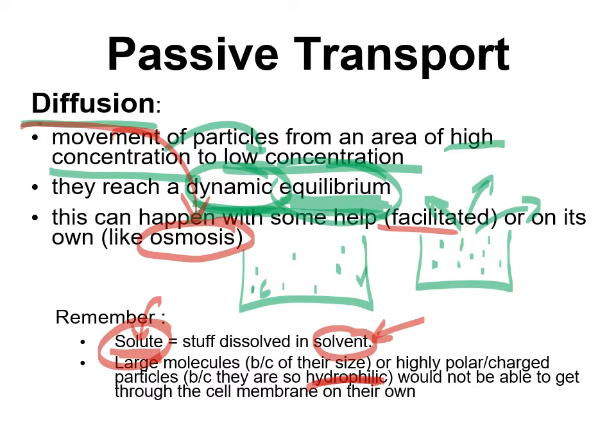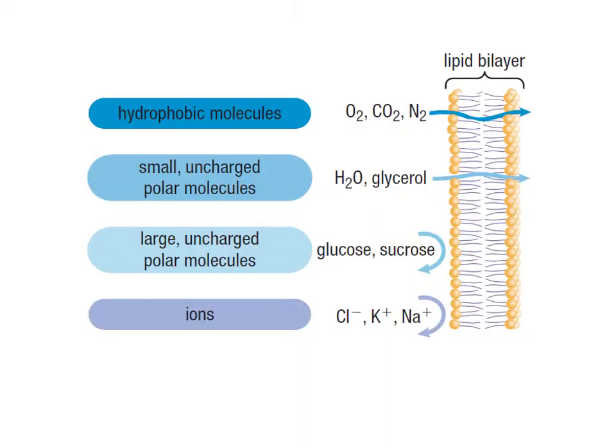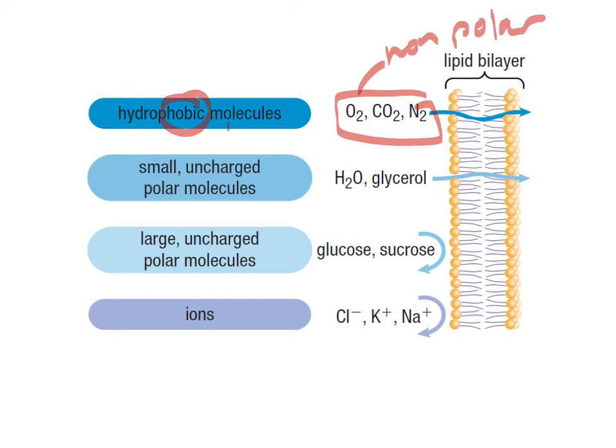So let's look at those types. For example, if a molecule is hydrophobic, it doesn't really get attracted to water. If you look at these molecules here, these are all non-polar, and so they don't have a particularly easy time staying in water.